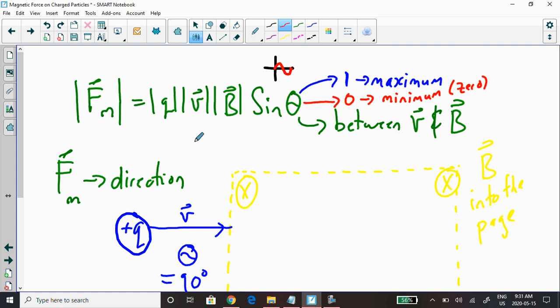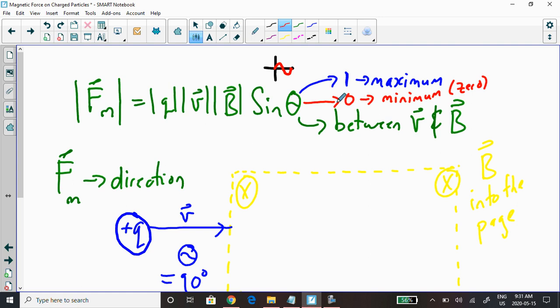It's literally telling you that there is no magnetic force on this charged particle if its direction is in the same direction as the magnetic field. None. So this is a really strange force. This force is literally dependent upon the angle between the magnetic field and the velocity of the charged particle. The magnetic field can still be there, the charged particle could be moving through it, but it has no effect on it.